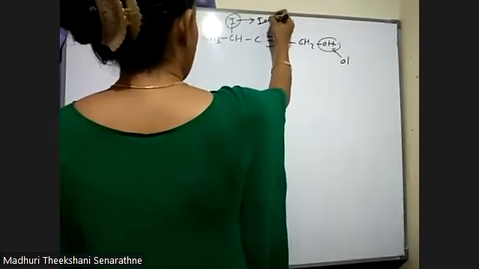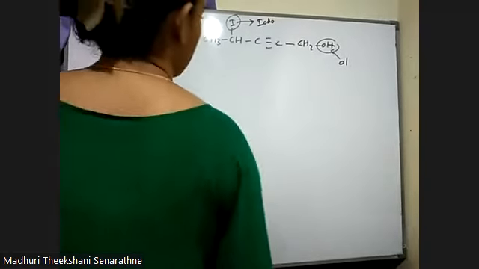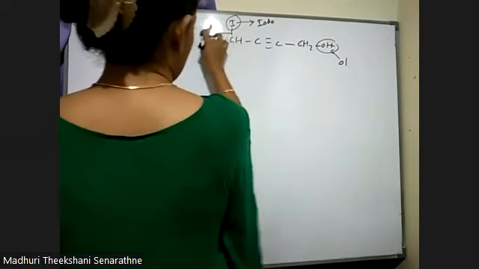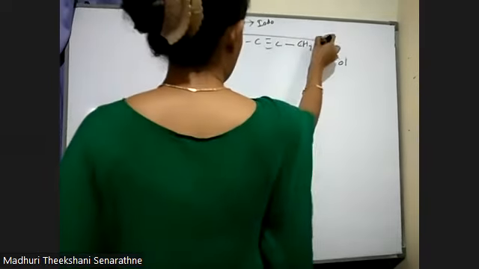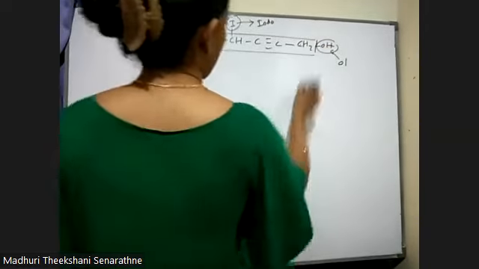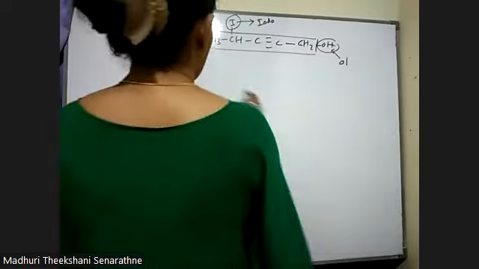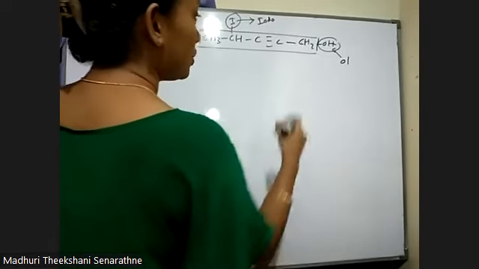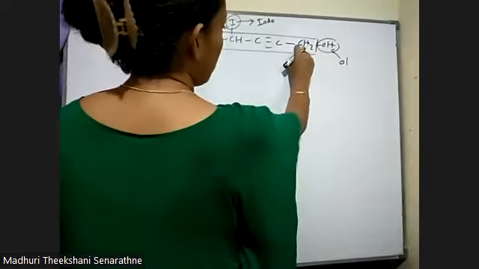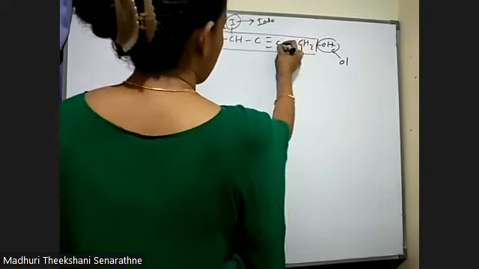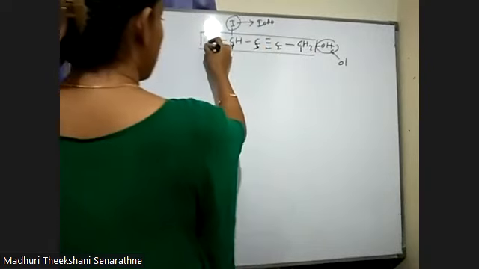Therefore, iodo. Then you can select the main carbon chain, very easy. Then you can number the chain. You have to give the minimum number to the carbon which has the main functional group. Therefore, 1, 2, 3, 4, and 5.